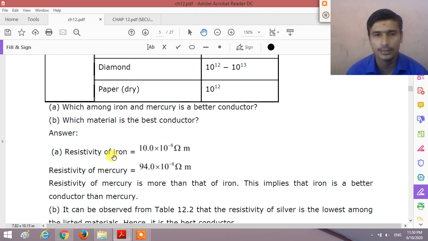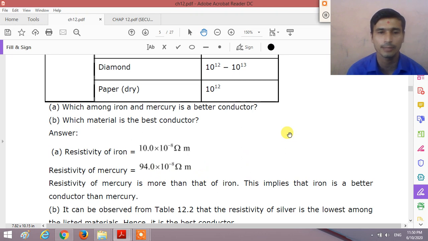The resistivity of iron in the table is 10 into 10 raised to minus 8 ohm meter, and the resistivity of mercury is 94 into 10 raised to minus 8 ohm meter.